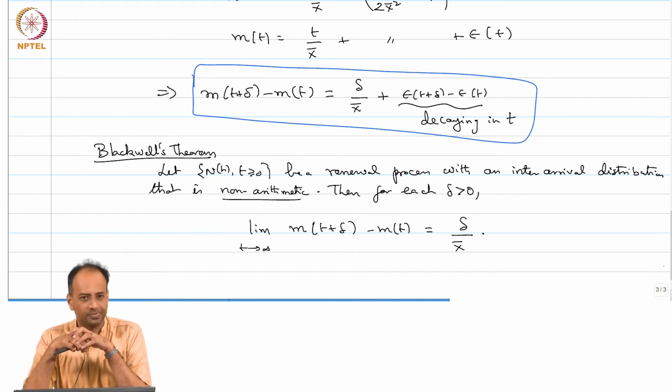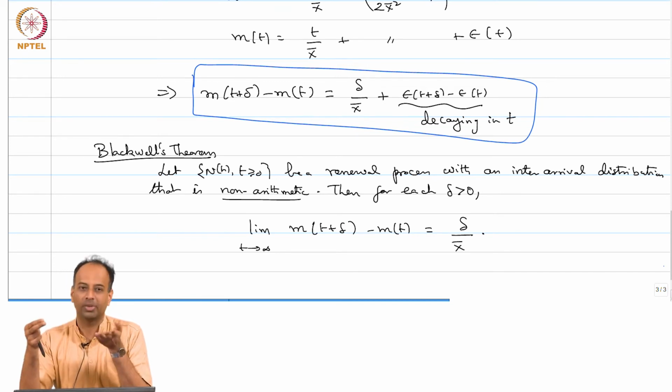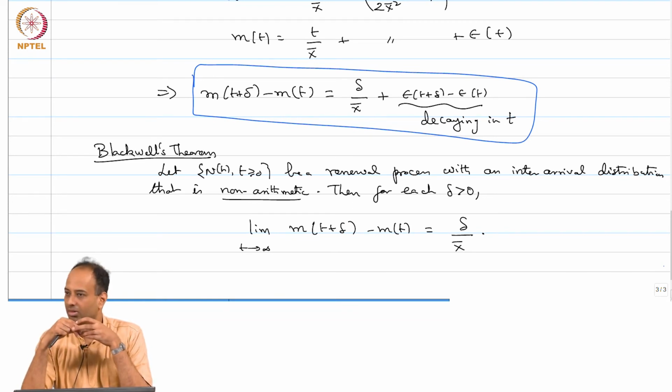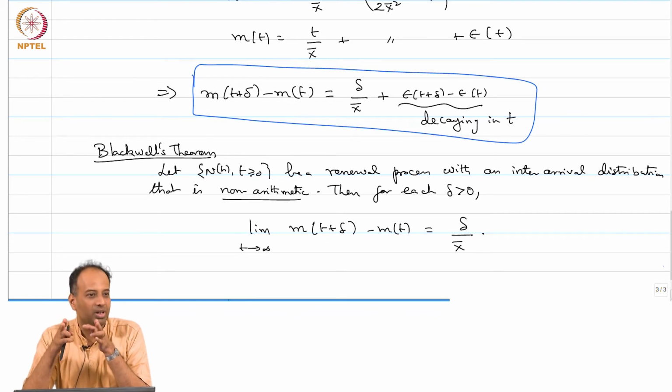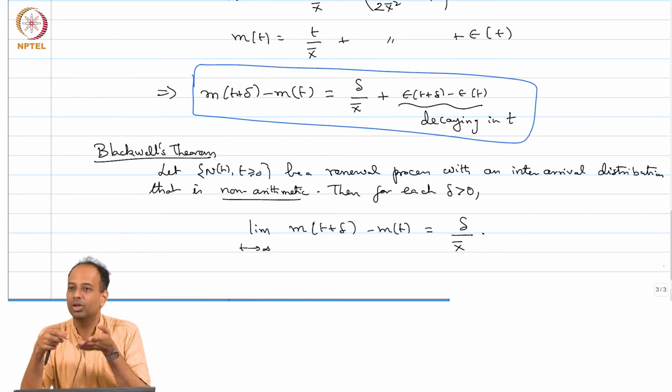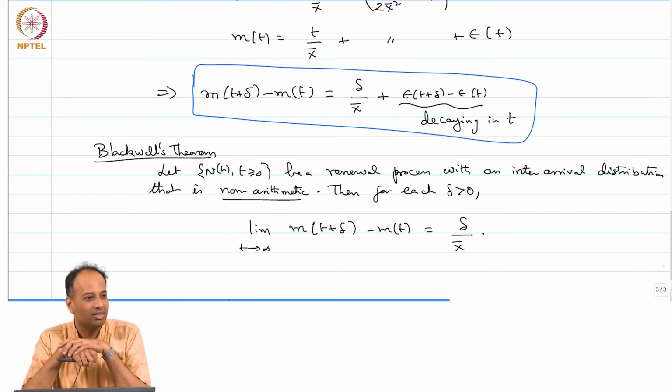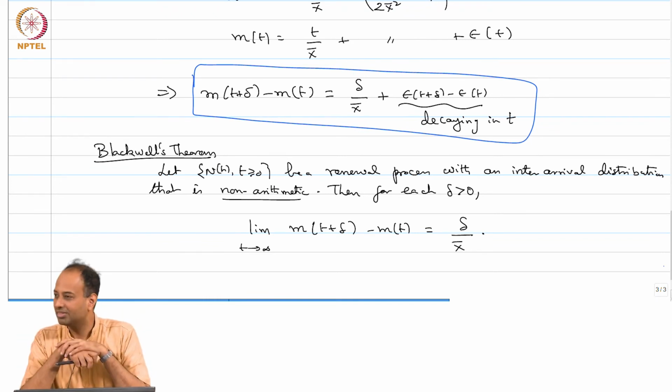If your interarrival distribution takes only integer values, then all your subsequent renewals will take place at integer times, correct. So, if your interval t plus delta does not include an integer point, then for that renewal process which renews only at integer times, the expectation of N(t plus delta) minus N(t) will be 0, right. So, clearly Blackwell's theorem cannot hold in full generality, correct.